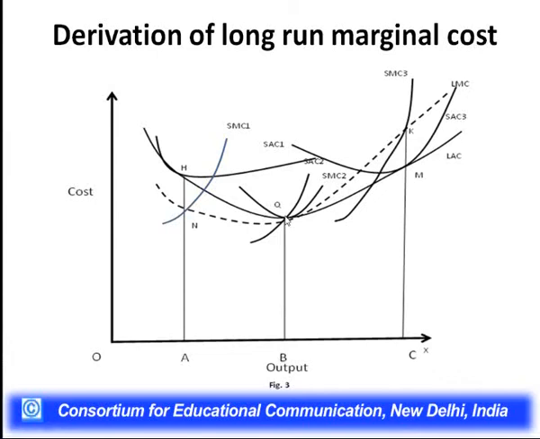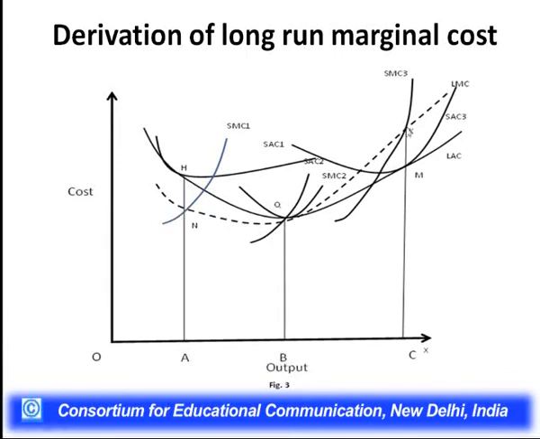This is the relevant SMC, and when the output is OC, your LAC is CM, and the SMC is cutting the output line at K. So, CK is the LMC at this point.